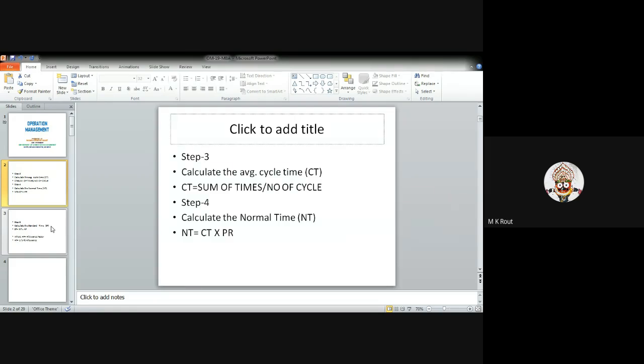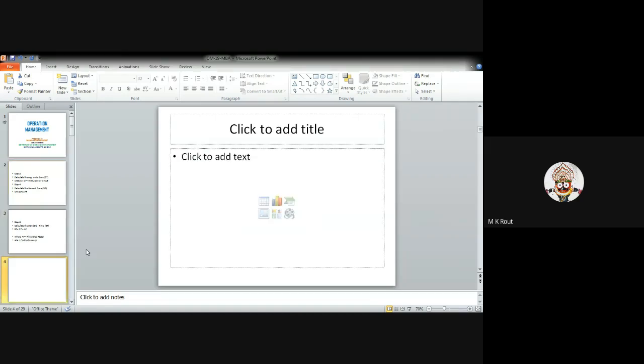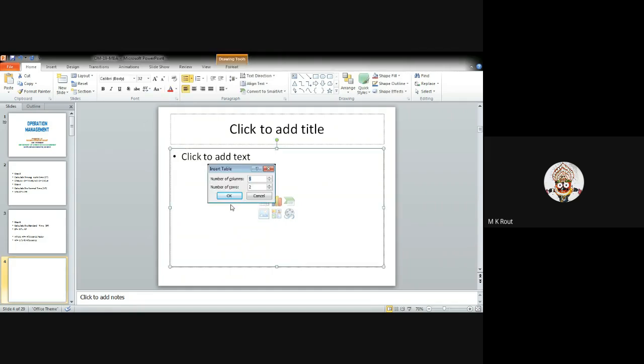The experienced engineer rated the worker 100%, and the inexperienced engineer rated the worker 120%.